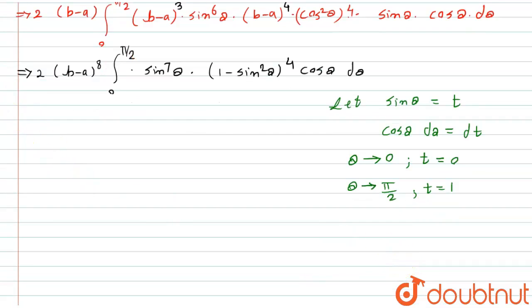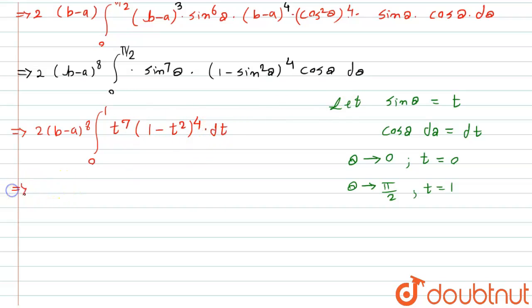So on substituting this here, our integration will become 2 (b minus a) raised to 8, integration from 0 to 1. Sine raised to 7 of theta will become t raised to 7, times (1 minus t square) raised to 4, into cos theta d theta, which becomes dt.